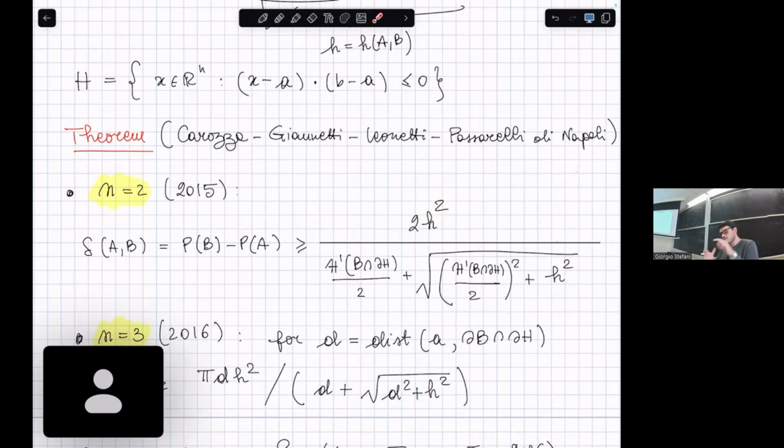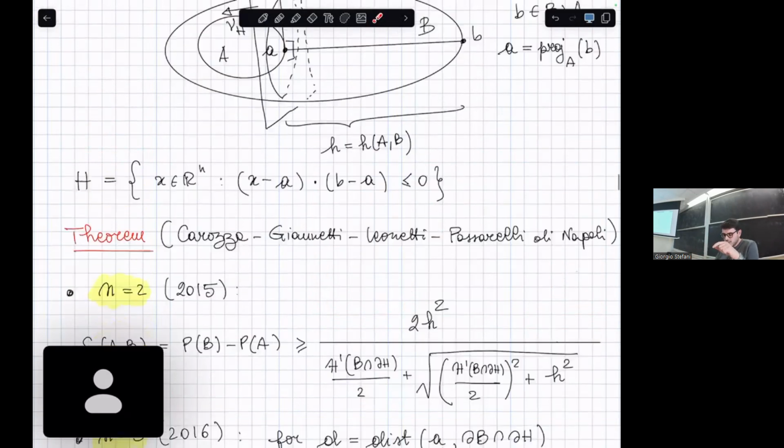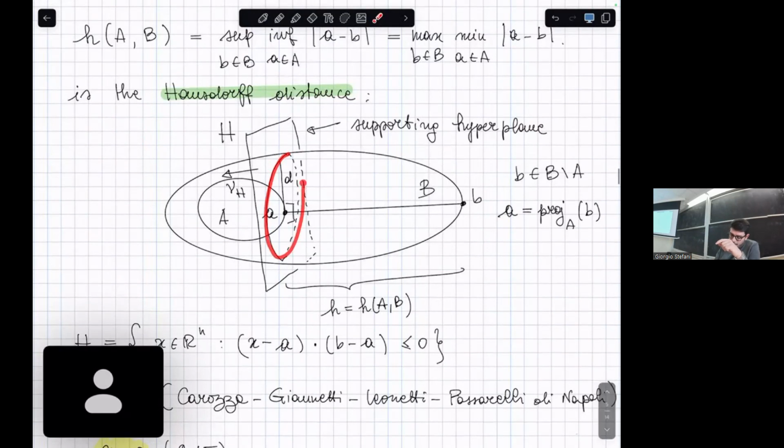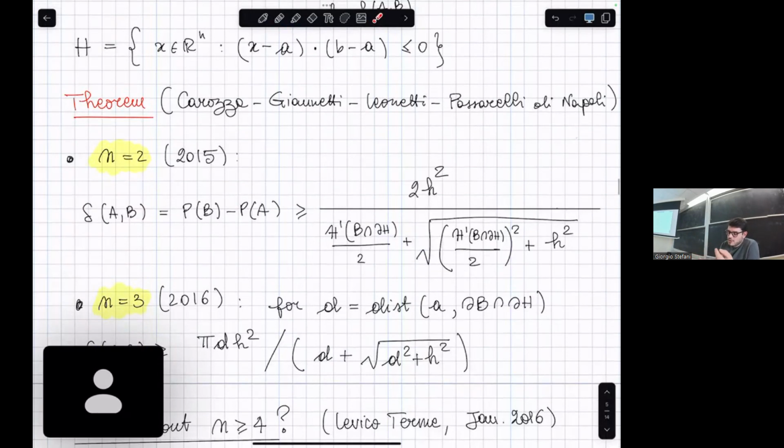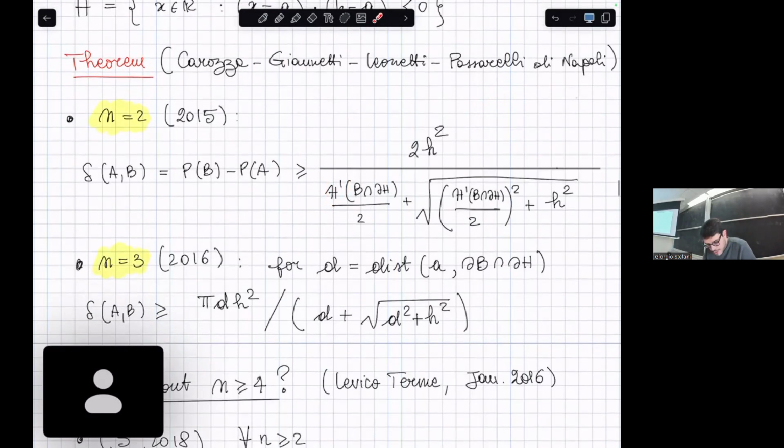That is, what is the area, in this case the length, because you're in dimension 2, of this section of P. Okay, so I will be interested in how much surface I have here, and this is in one dimension. It is essentially the length, because in one dimension you will have this line here. Okay, so we have this lower bound.